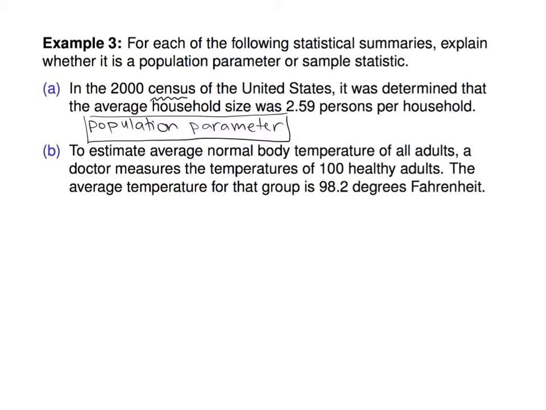To estimate the average normal body temperature of all adults, a doctor measures the temperatures of 100 healthy adults. The average temperature for that group was 98.2 degrees Fahrenheit. So since we're trying to estimate the average temperature of all adults using a subset, that means that this is a sample statistic.